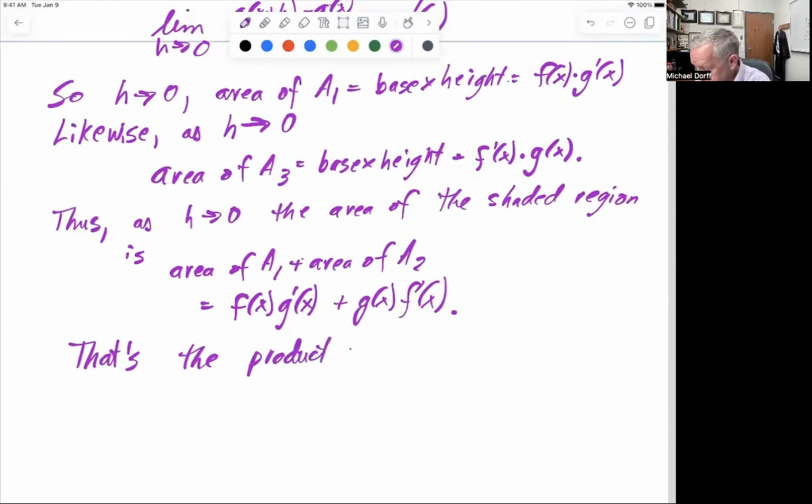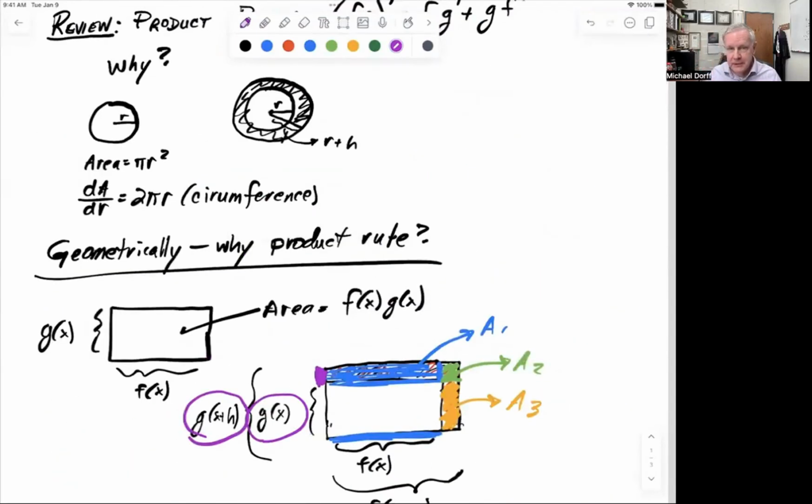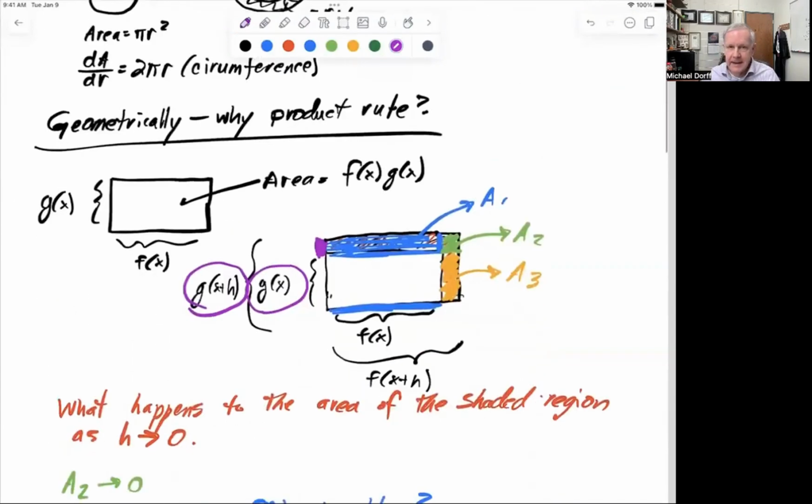So just like what we had when we did the circle, we saw the rate of change of the circle when we were doing the area of the circle. We looked at its derivative, it's that rate of change, and we get that area around it. And as h gets smaller and smaller, we get the circumference of the circle. We get the ring around the circle. In the case of the product rule, we have a rectangle.